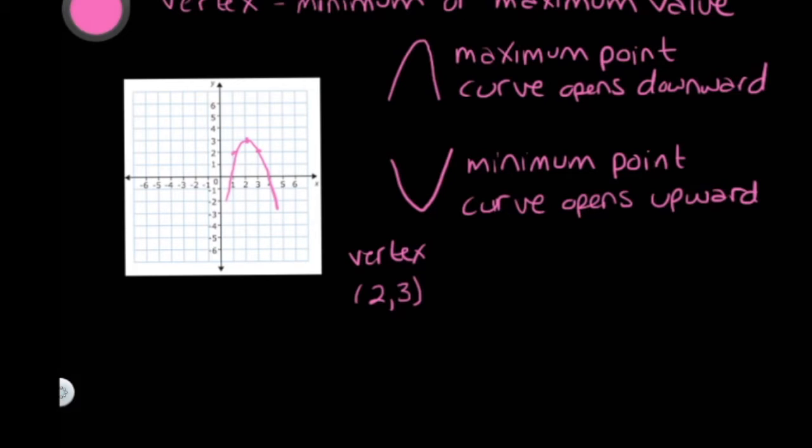So I could say, if I had a parabola like this with a vertex at 2 and 3, that my maximum value is 3. The highest point that this reaches is 3, right? Positive 3 right there, because that is my y coordinate, right? It reaches at 3 on the y-axis.